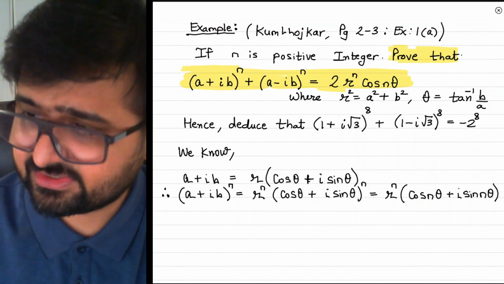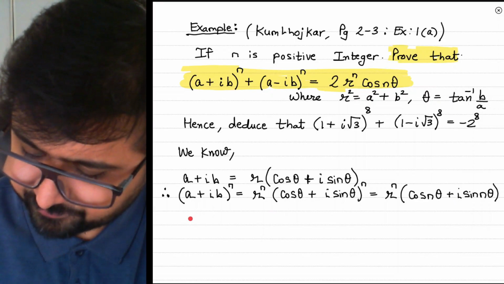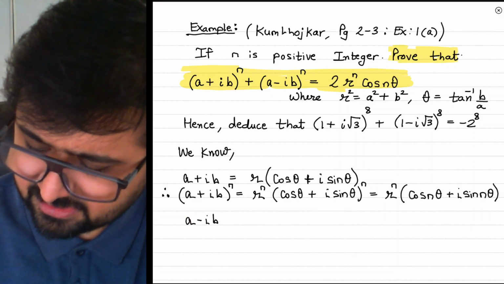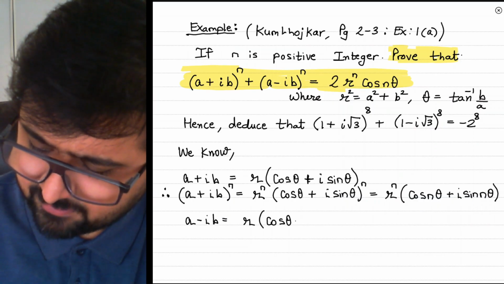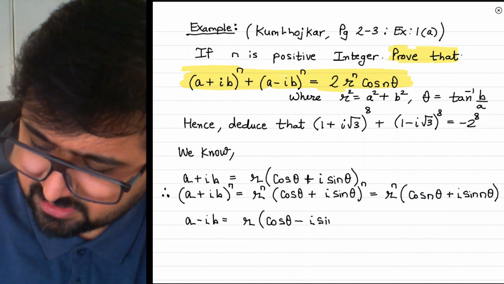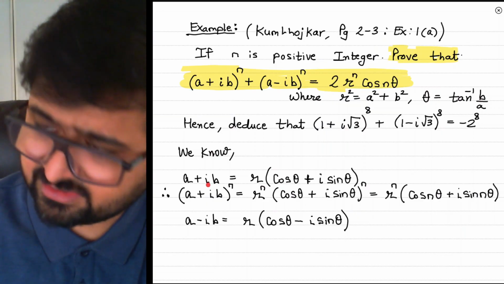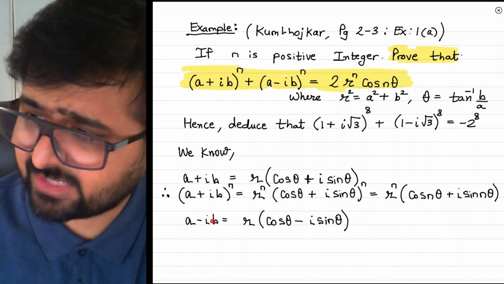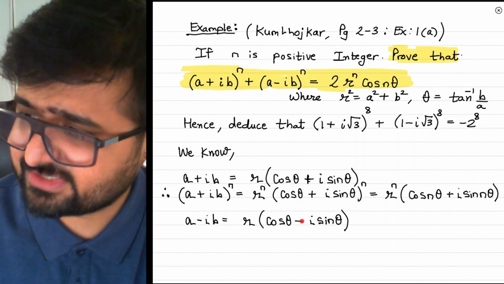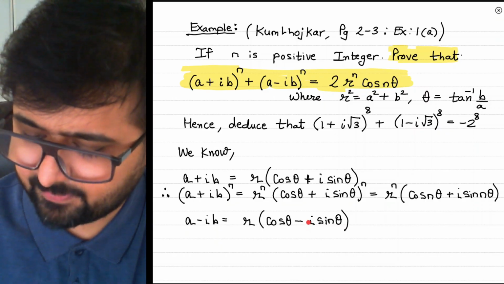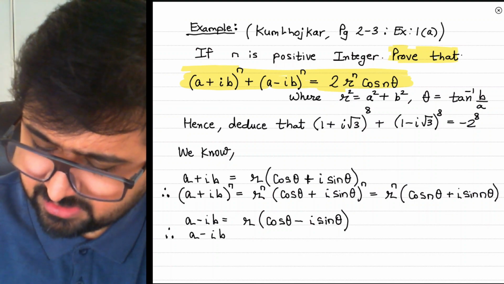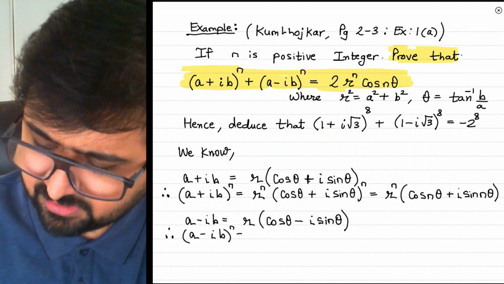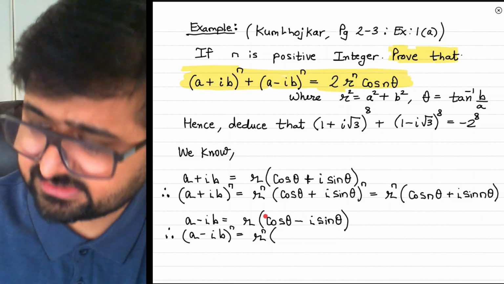Now let's look at the second term. Similarly, a - ib is r(cos theta - i sin theta). Basically, you are just replacing that plus i with minus i. So even here, you can just replace that plus i with minus i simply. So therefore, (a - ib) to the power n is again r^n, taking power n on both sides.